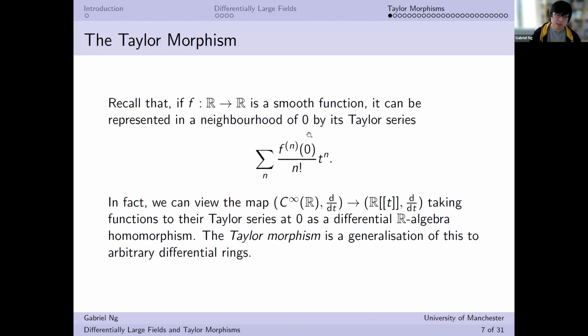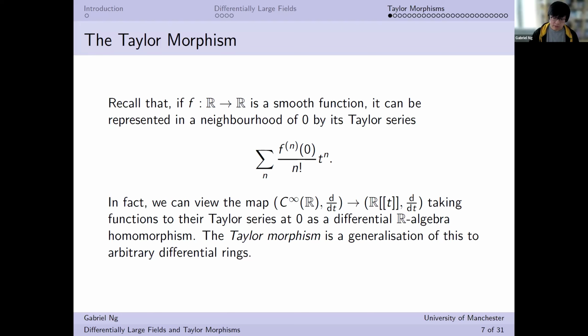So you can take the derivatives of this function and plug them into this Taylor series, and we essentially have some encoding of the information that this function has around 0.